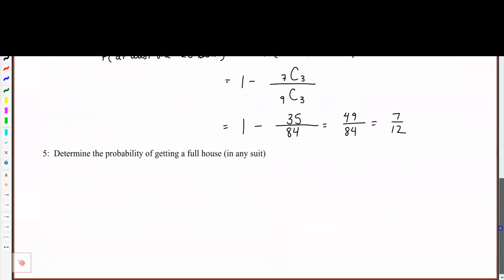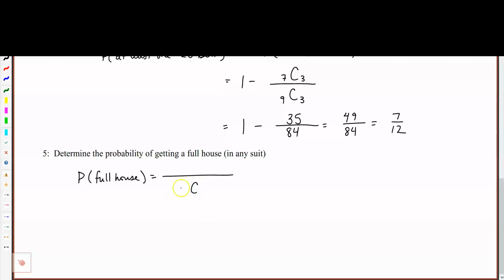Finally, in our last example, let's take a look at a poker hand of getting a full house. So let's find the probability of getting a full house of any suit in a poker hand. The probability of a full house. Let's build the denominator first.